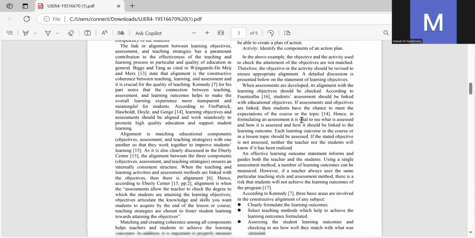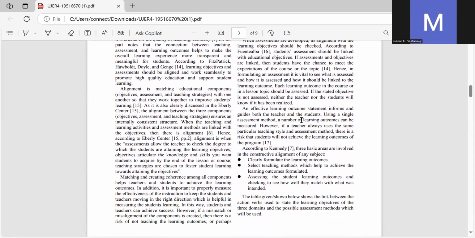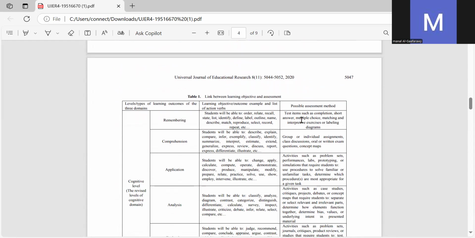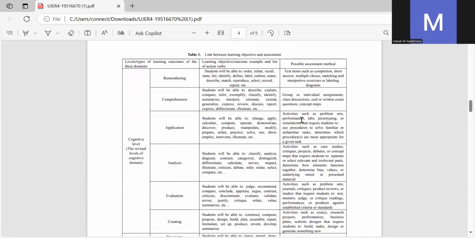So what is the benefit of integrating these two domains in your lesson plans and your tasks or activities in the classroom?